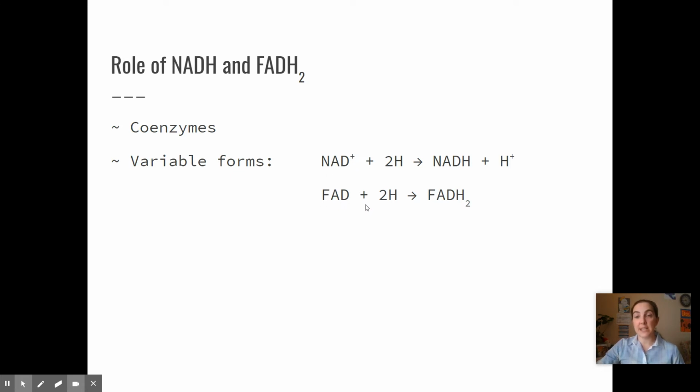FAD also can exist without those hydrogens, but then you can add hydrogens to those molecules to create this NADH and this FADH2. I sometimes think of these kind of like buses that shuttle electrons attached to hydrogens back and forth in this process. These are the full buses. These are empty buses that can take more hydrogens.